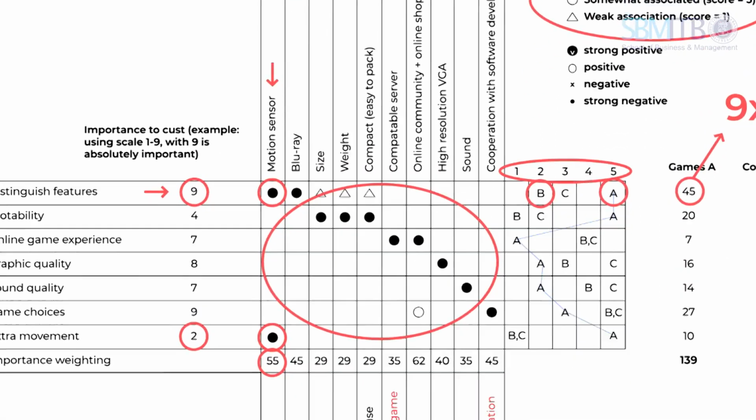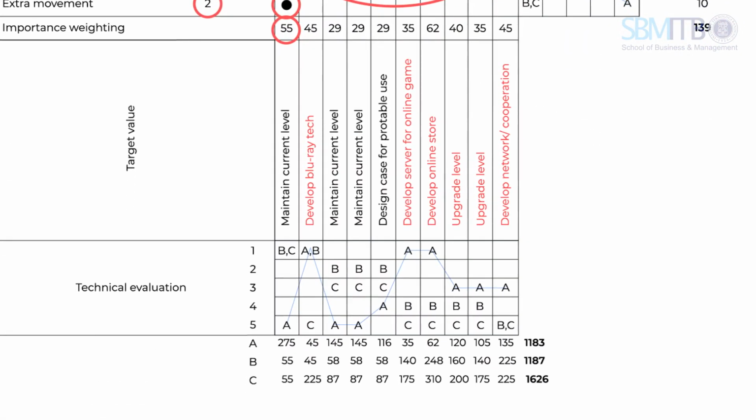For product A, yield score of 55 times 5 is equal to 275, while product B is 55 times 1, and also product C is 55 times 1, which is equal to 55.